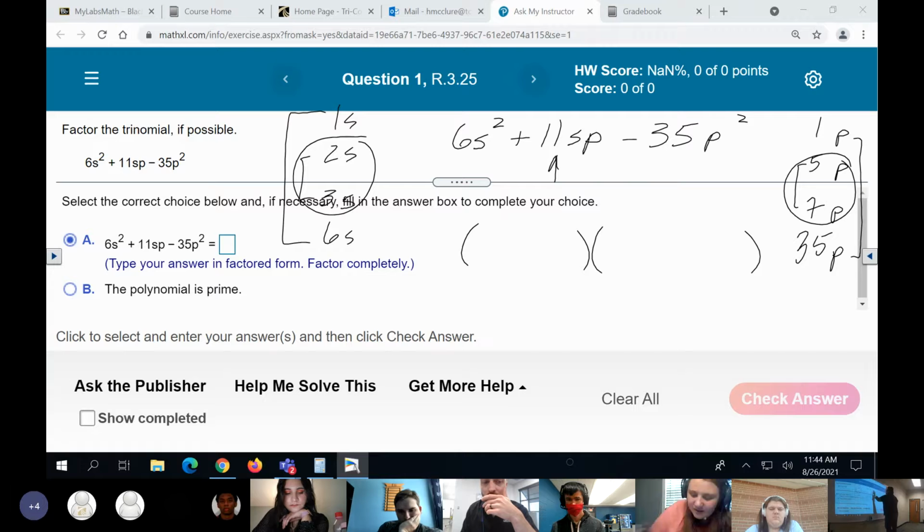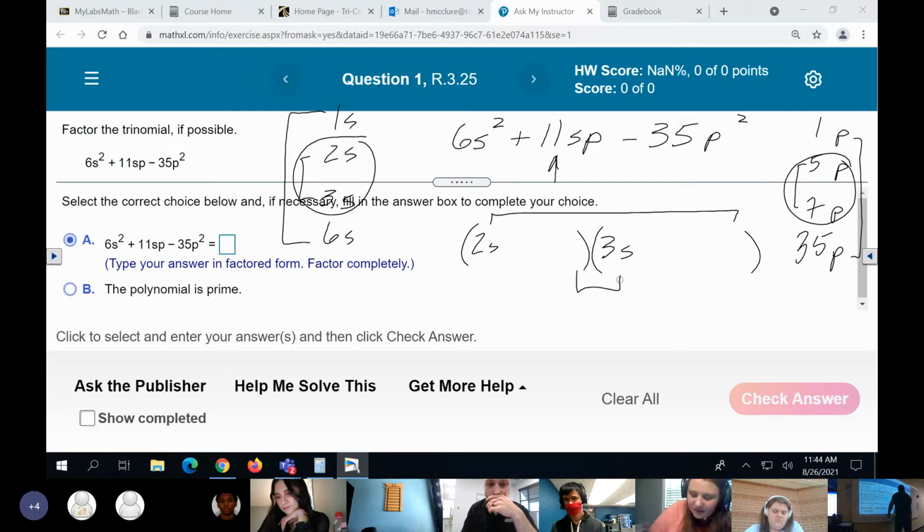But since this is not a big number in comparison with the 6 and the 35, I'm going to go with the middle. So I'm going to put a 2S here and a 3S here. Remember, your outside and inside gives you that 11. So I'm going to put a little 5 right here. And I'm going to put a little 7 right here.